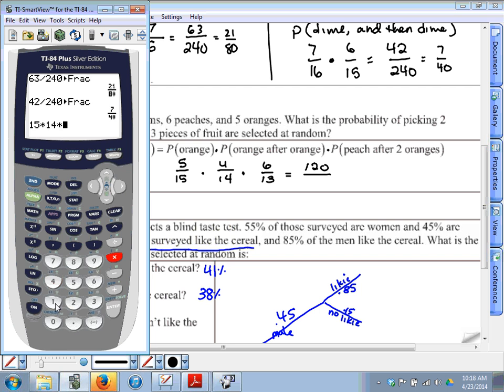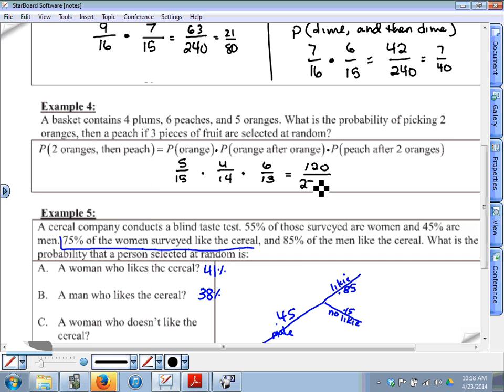It's 2,730. They both end in 0, so they divide by 10, so it could be 12 out of 273, but then does that simplify? 4 out of 91? Yes.